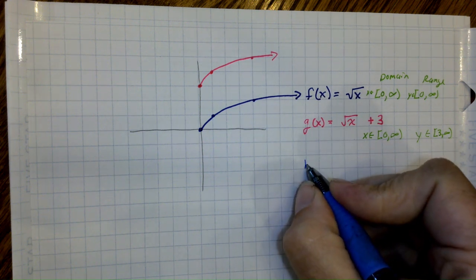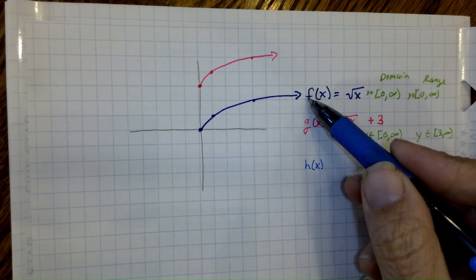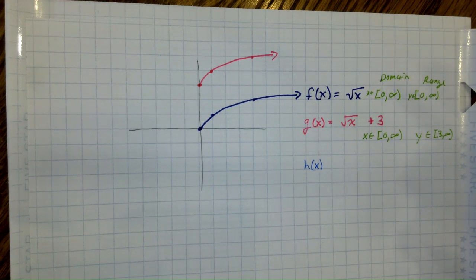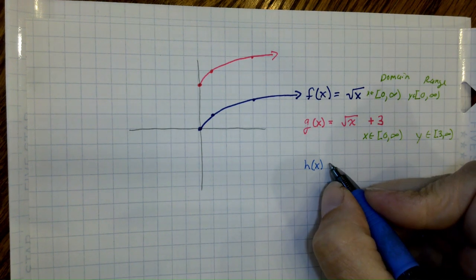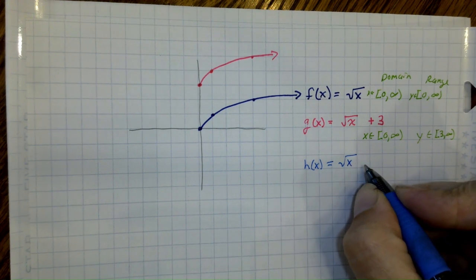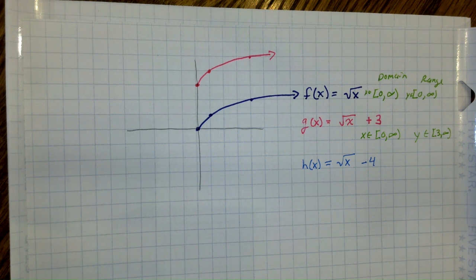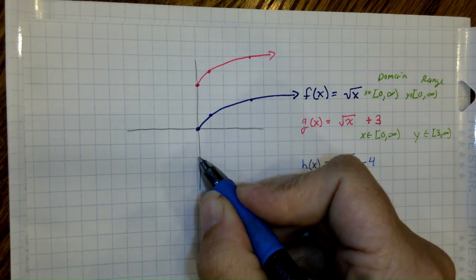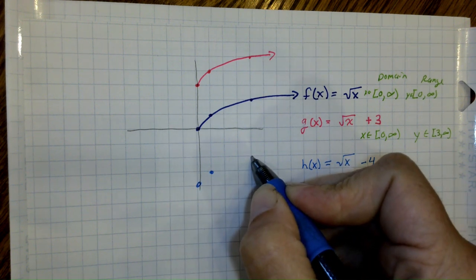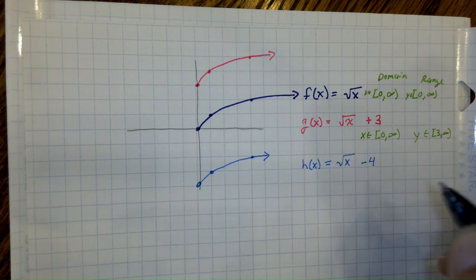So h of x, and again, these names are just function f, function g, function h. It's just so I can tell which one's which, and so you can tell which one is which. And I'm color coding to help you out as well. So what about minus 4? It will drop it 4 spaces down. And if you guys are familiar with the program Desmos, Desmos really helps you see these as well.